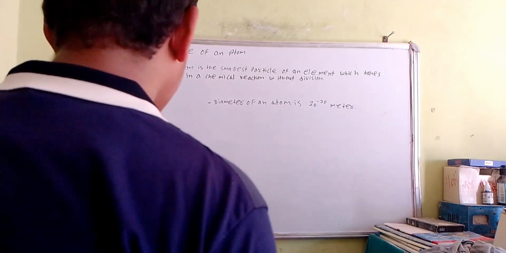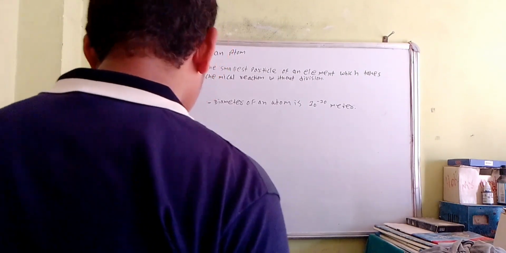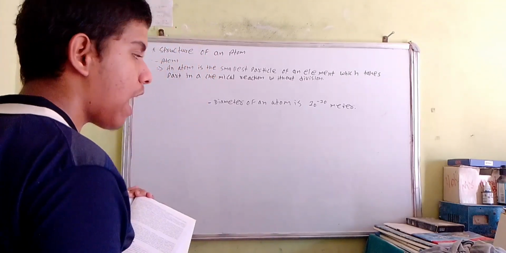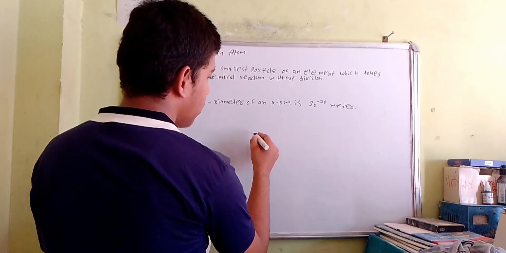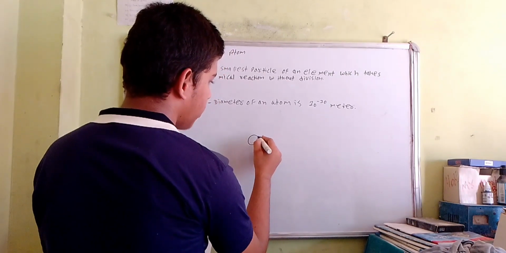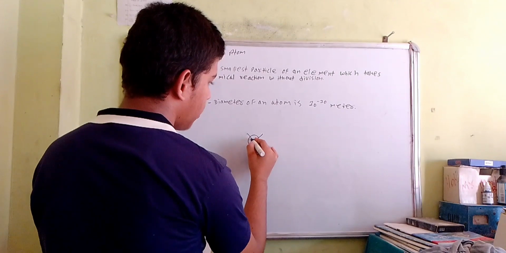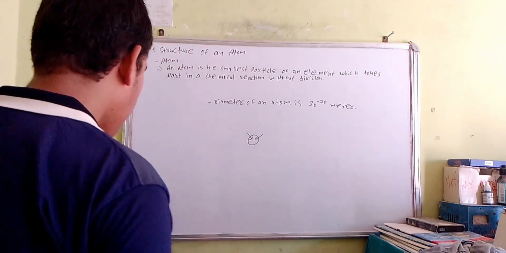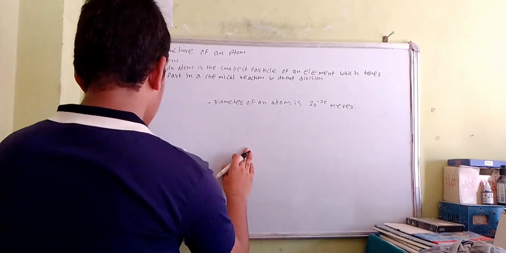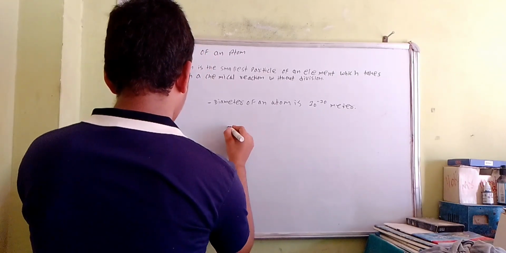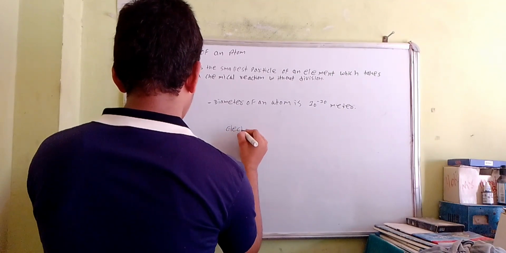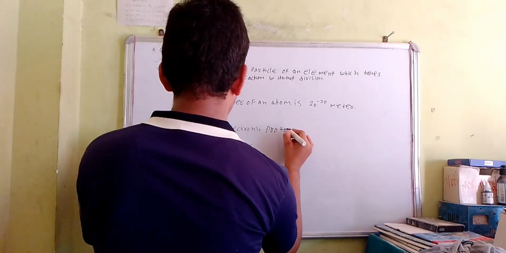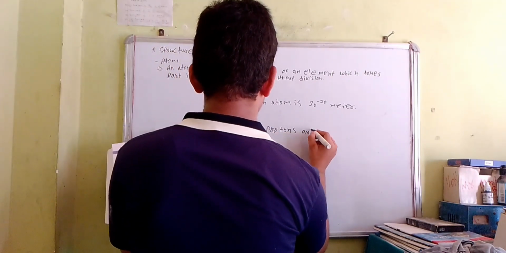And in the 19th century, it was found that there are other smaller particles in an atom. Those particles help to make an atom. Atoms are made of those particles, and their names are electrons, protons, and neutrons.